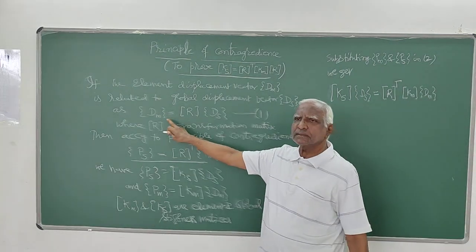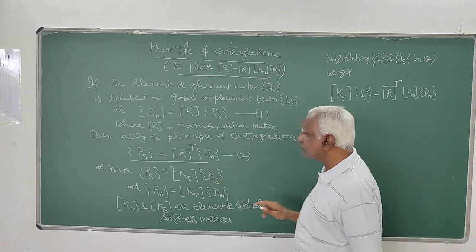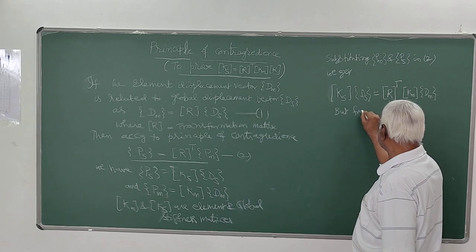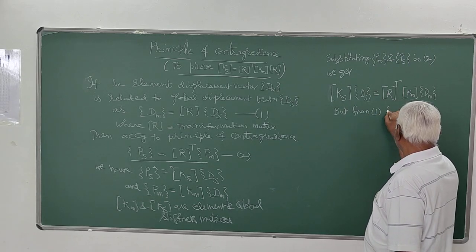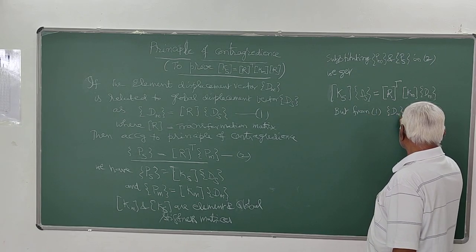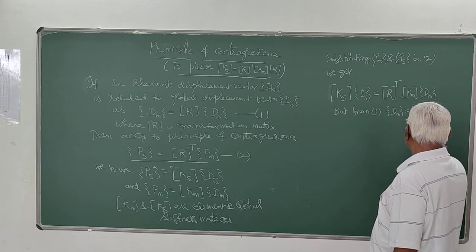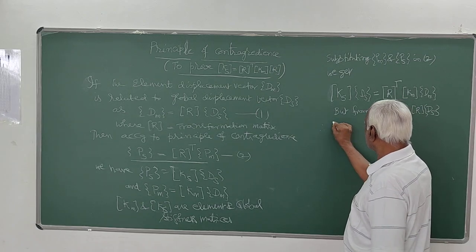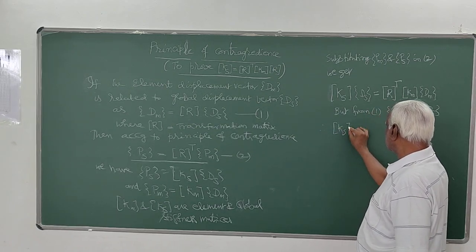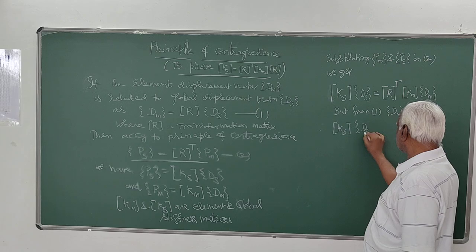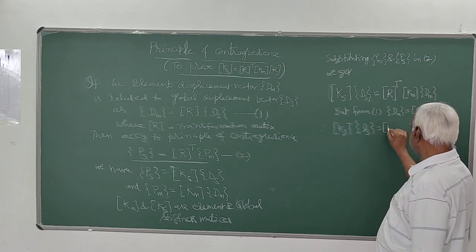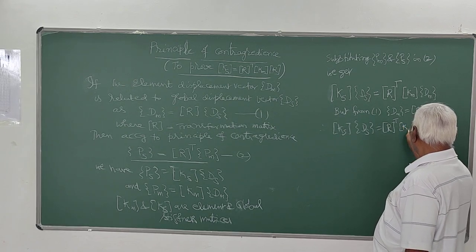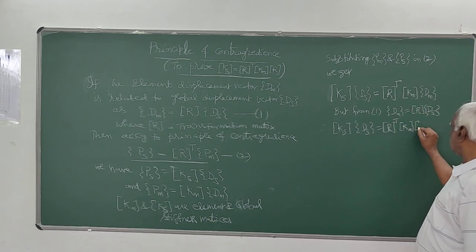But dm is R ds from equation 1. Therefore, Ks ds is equal to RT Km R ds.